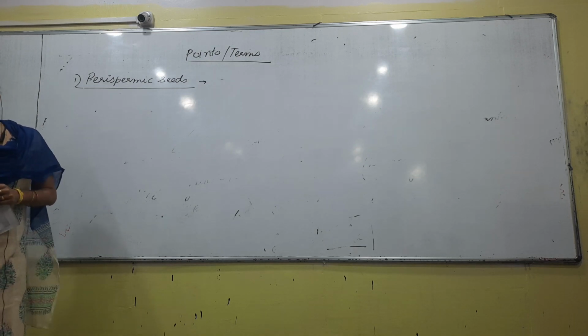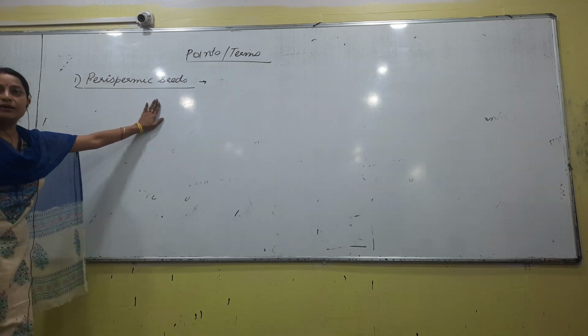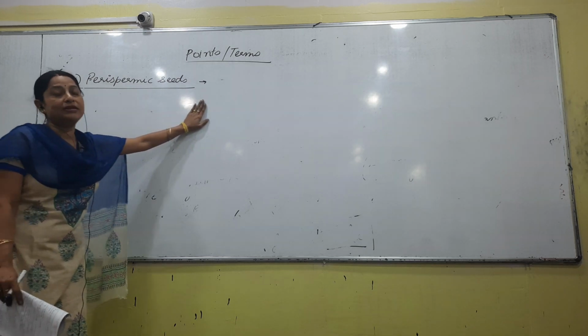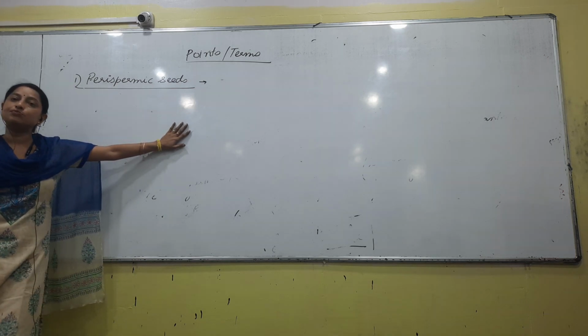These are the three words that we have already heard, right? Now we have another word that is called as perispermic seed. A seed is said to be perispermic when the nucellus remains persistent.